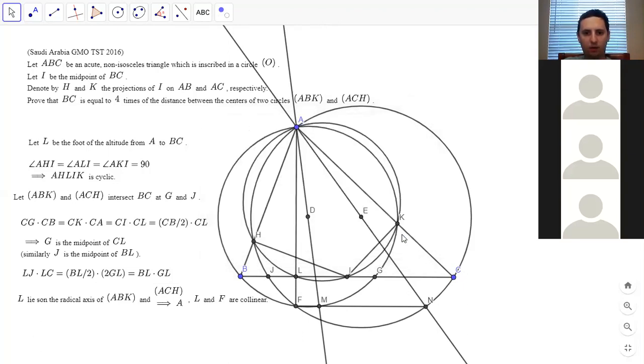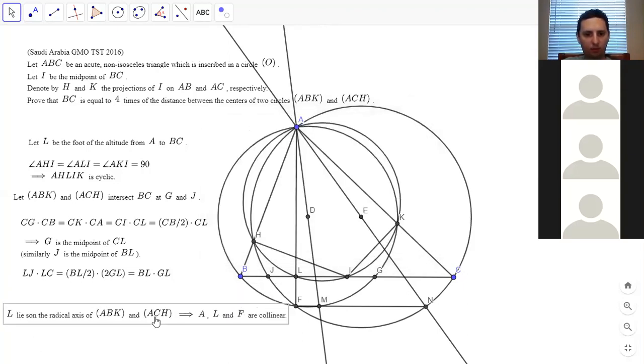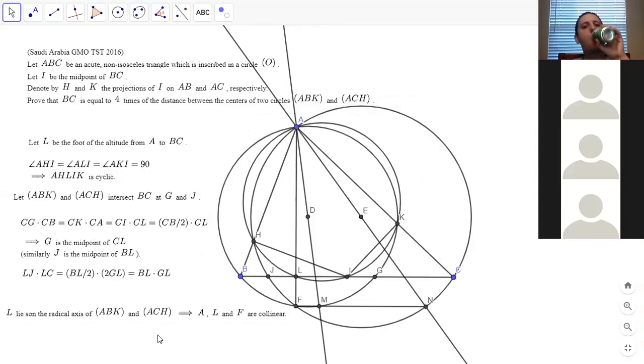Okay. Hold on just a sec. So you want to show IJ is equal to GC? It is obvious because J is the midpoint of BL. So IJ will be equal to GC.